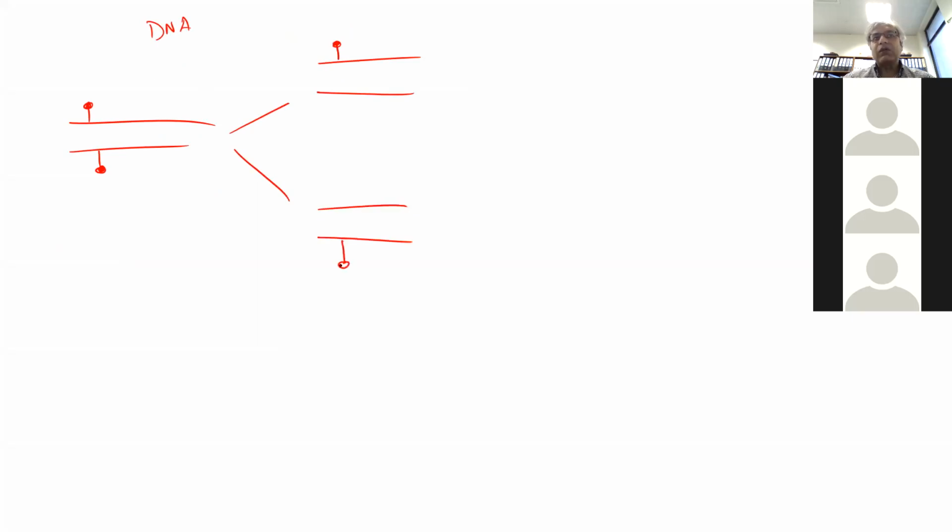Now, what is special about methylation is that when you have symmetrical methylation and DNA gets replicated to the daughter cells, it's inherited. Following the semi-conservative DNA replication, this mark persists through DNA replication and mitosis.